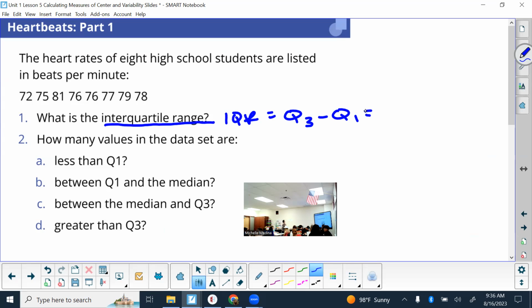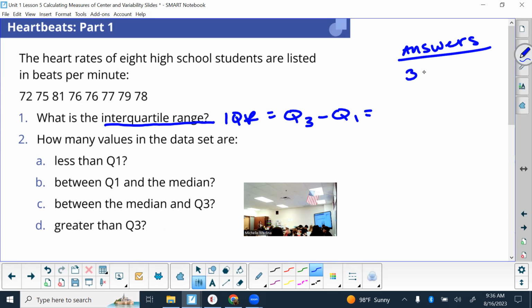All right. So Table 6, what did you guys get for IQR? Okay, so we're saying 3.